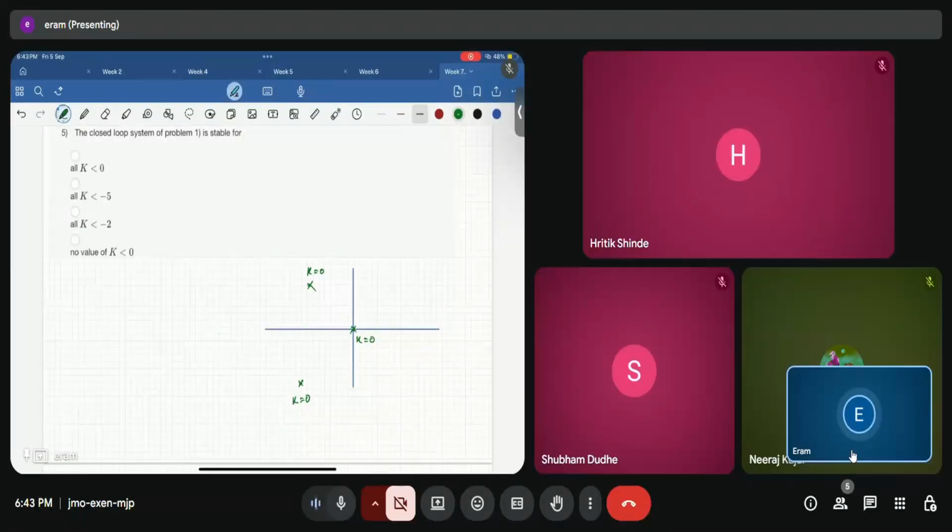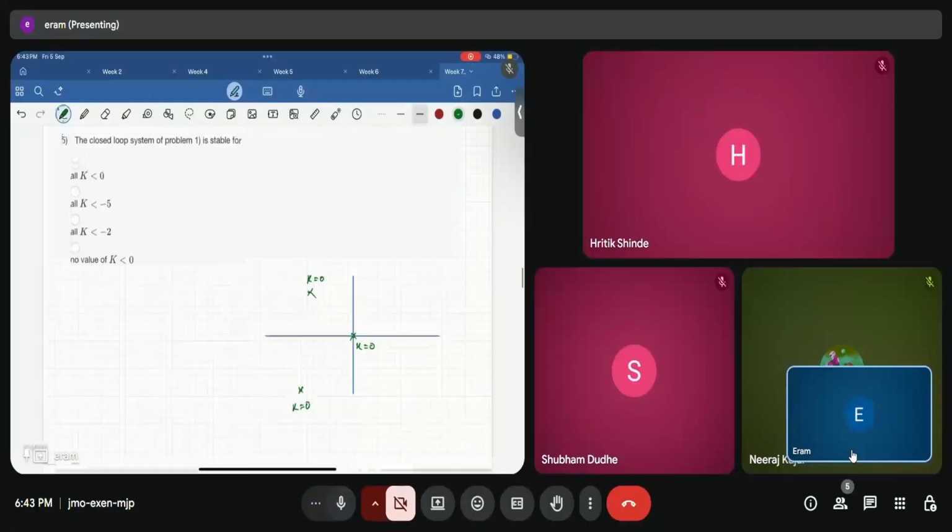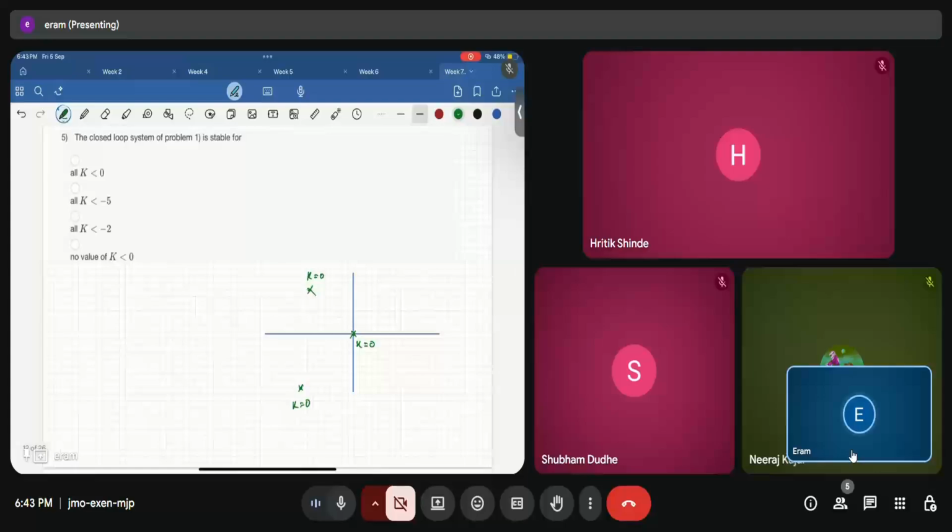Now as we are varying K, since we have K as negative, and we have already seen where our root locus was lying on the real axis. It was this part.